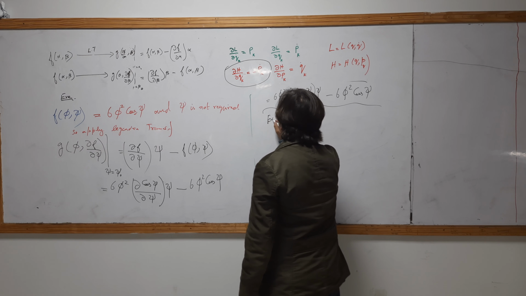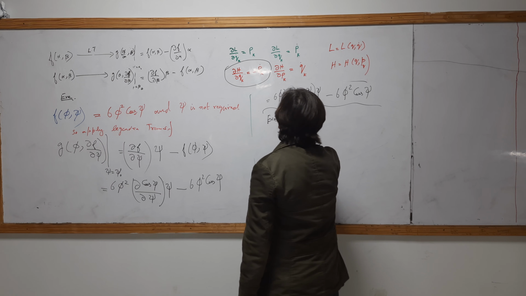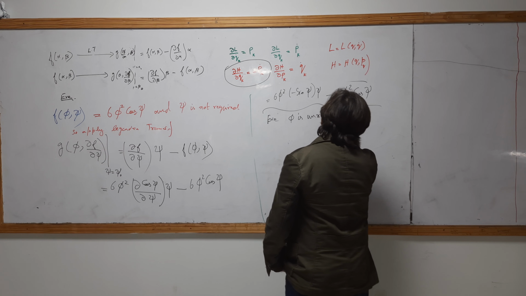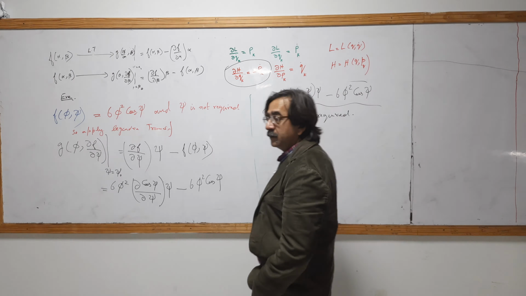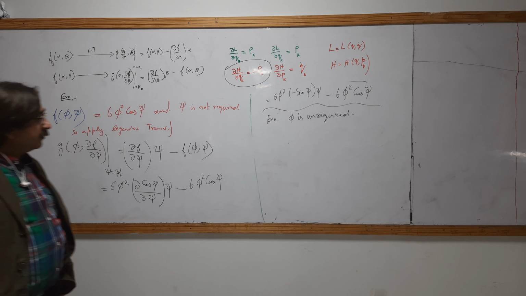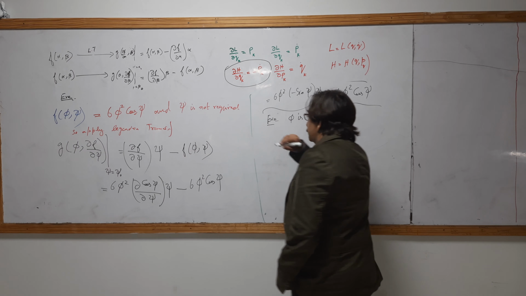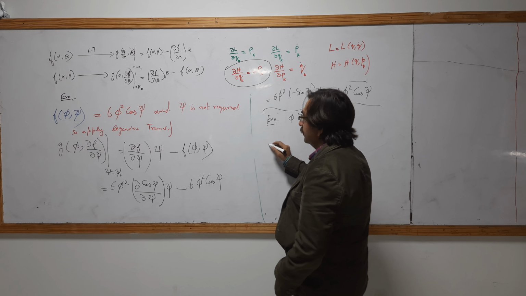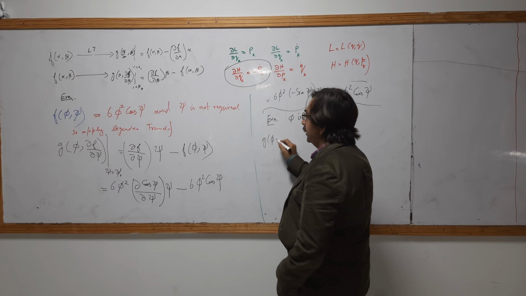If the exercise phi is unrequired, then what will happen? The case will be changed. Okay. If phi is unrequired, then what will happen? So then energy partial phi.